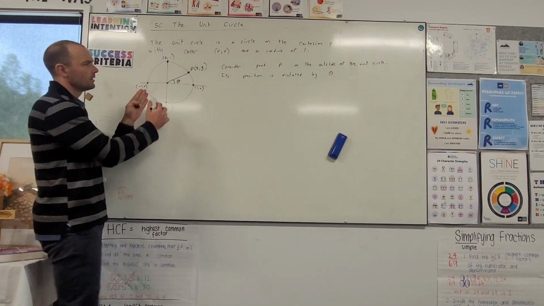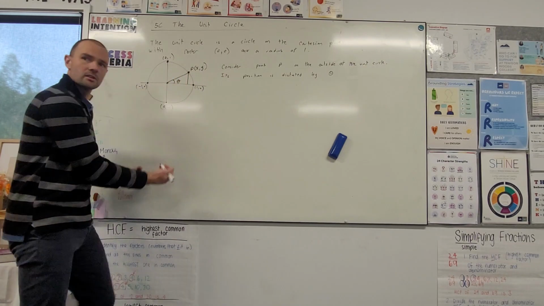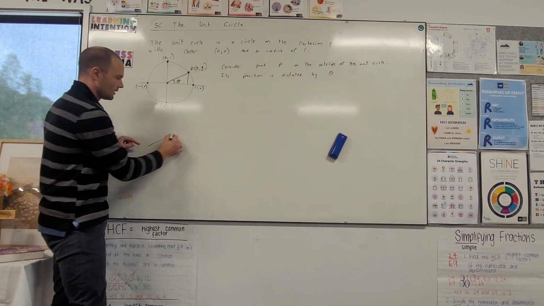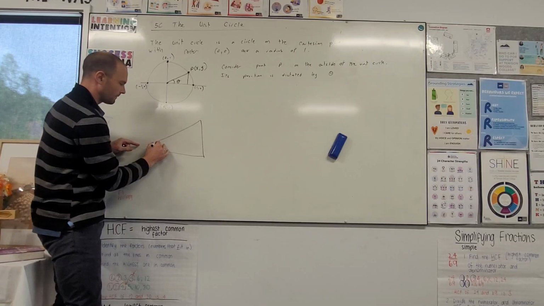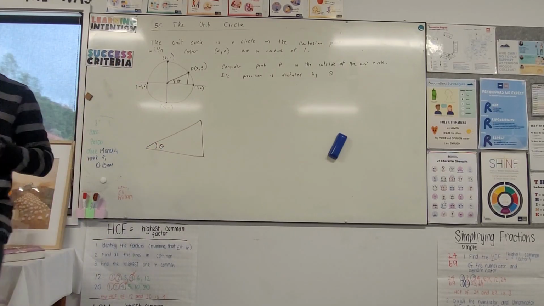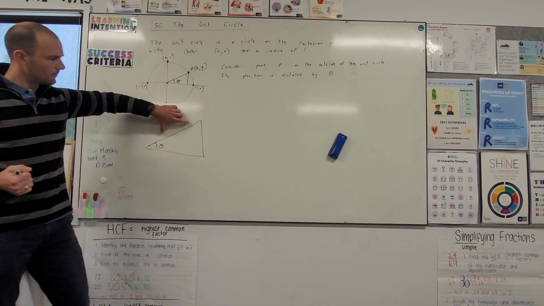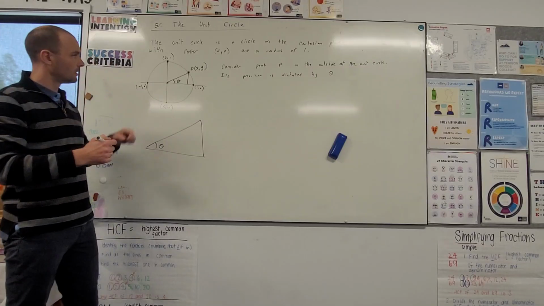Now what we have here is a right angled triangle. So we're going to abstract that triangle from our circle. And it looks like this, doesn't it? We have an angle of theta here. And does anyone know what the length of my hypotenuse is in this right angle triangle? 1, isn't it?